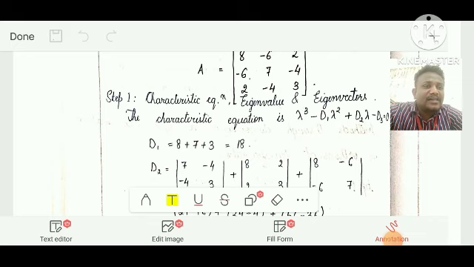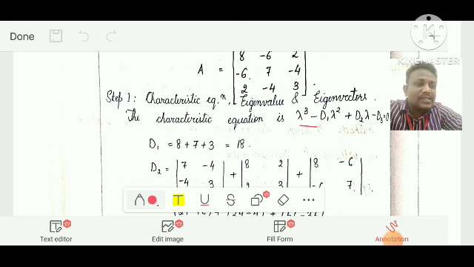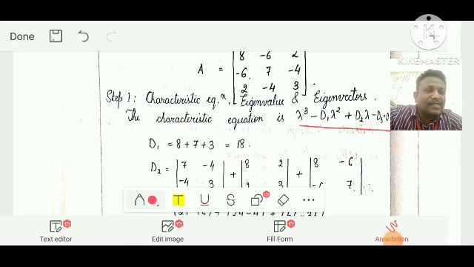The general formula for the characteristic equation of a 3 by 3 matrix is lambda cube minus d1 lambda square plus d2 lambda minus d3 is equal to 0. So here we need to find d1, d2 and d3.